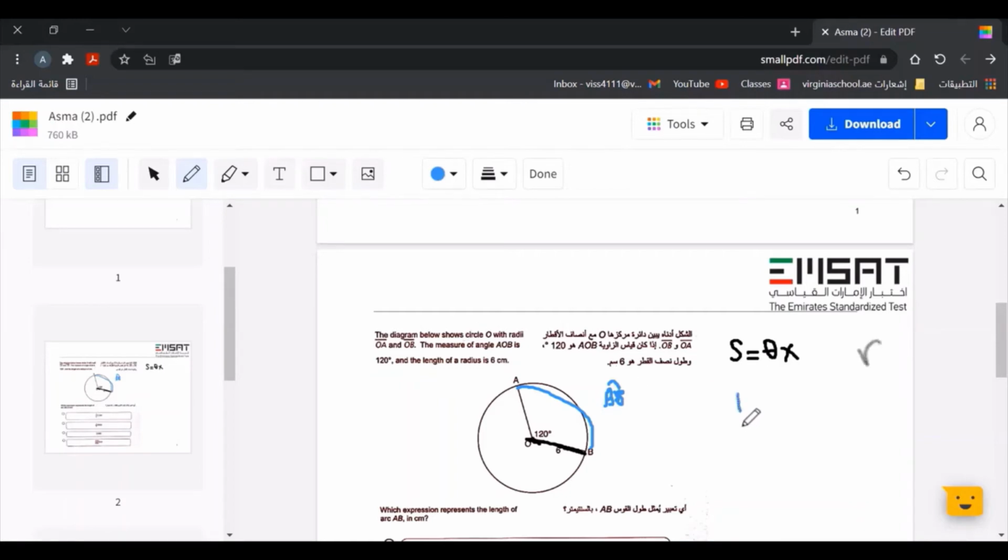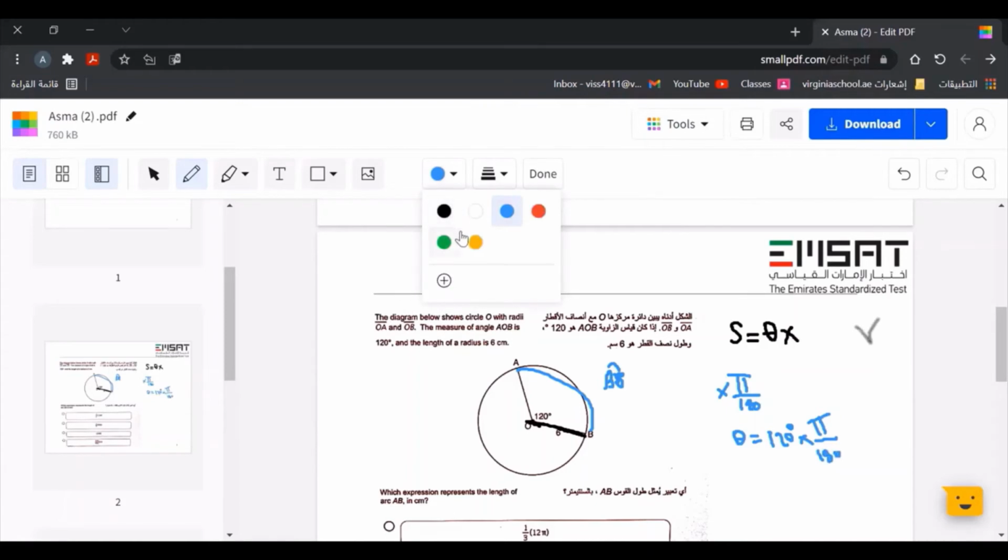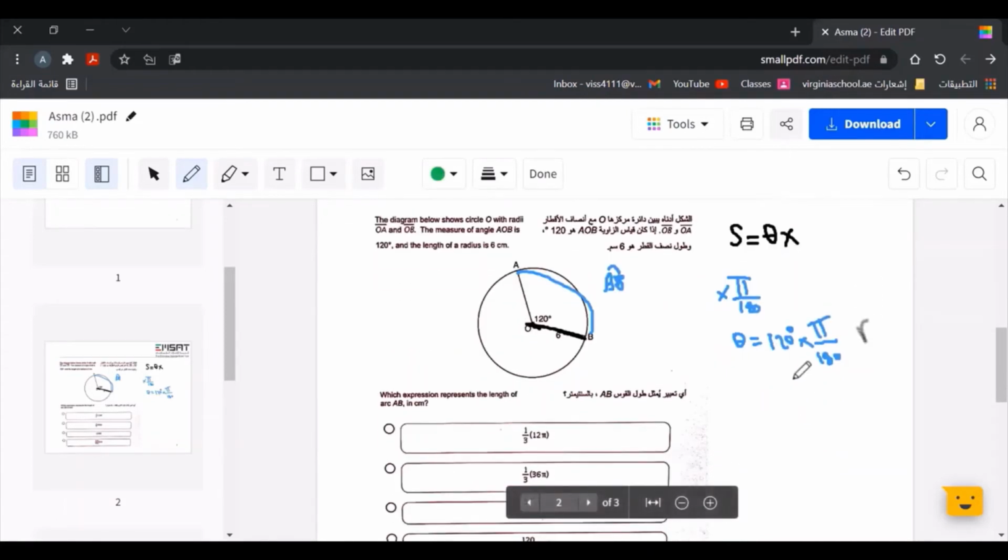So theta equals 120 degrees times pi over 180. So we have here 120 times pi over 180.